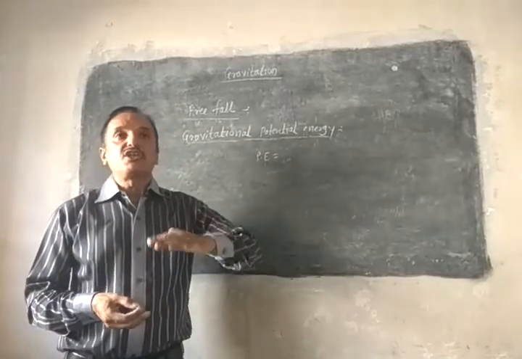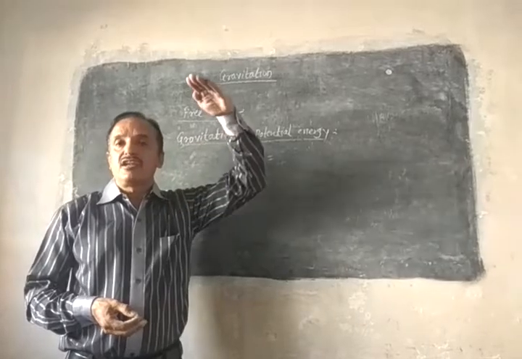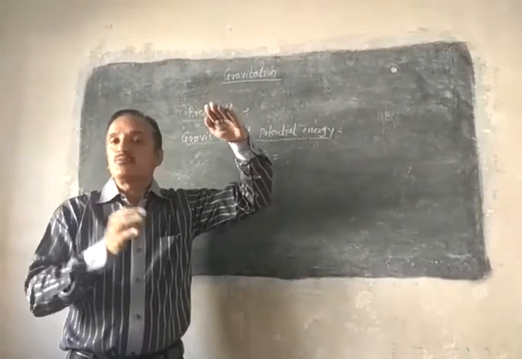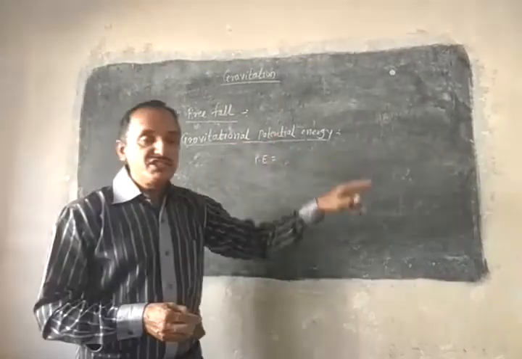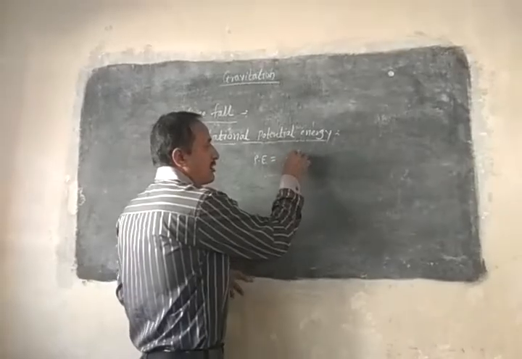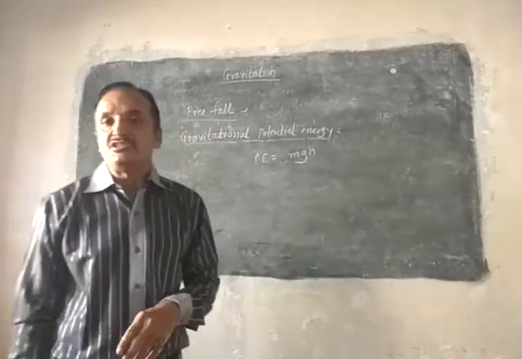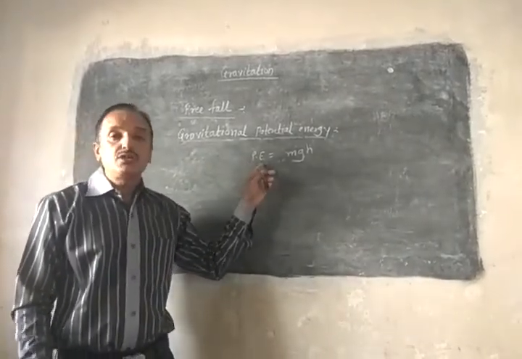Suppose water is stored in a dam at a larger height. Because of that, the water gets potential energy. We measure potential energy with the formula mass into gravity into height, mgh. This is the formula to find the potential energy of the object.